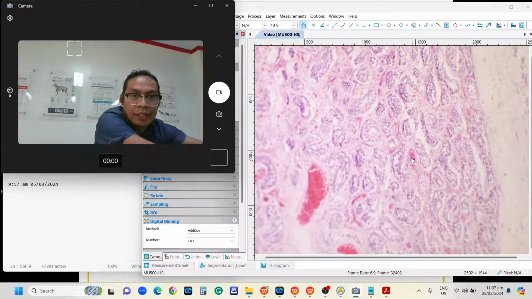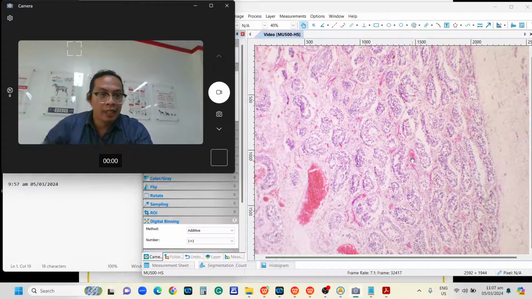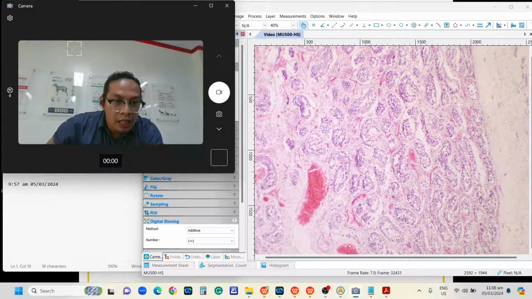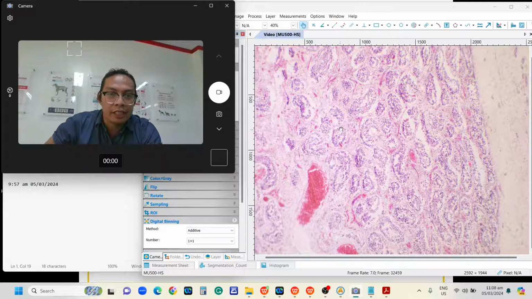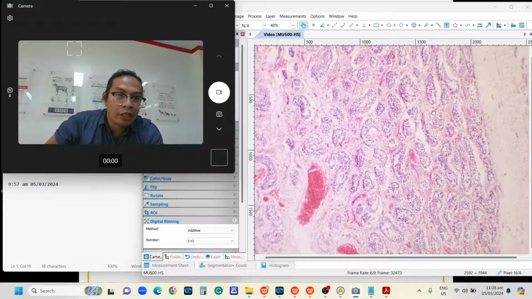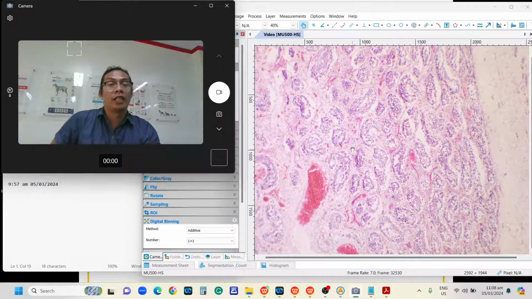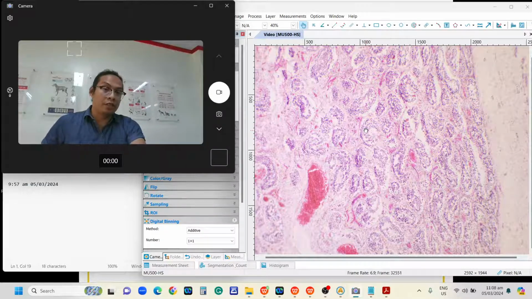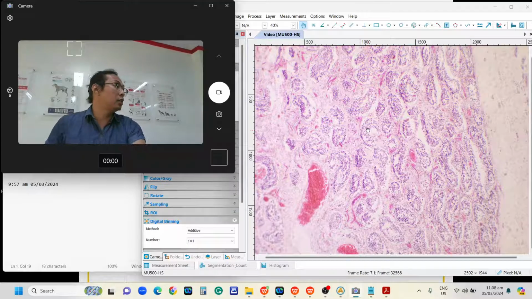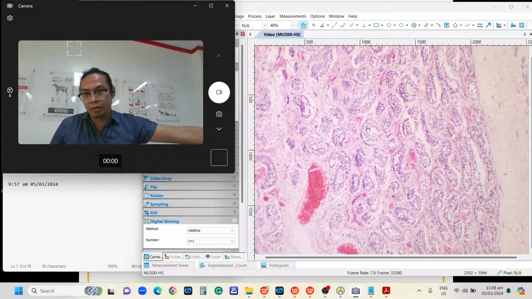So, under scanner, mapapansin natin na may mga darkly staining nuclei inside a more or less tubular structure. Those tubular structures are actually the seminiferous tubules of the testes.